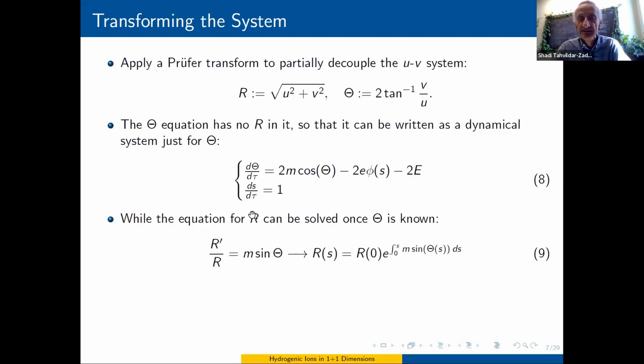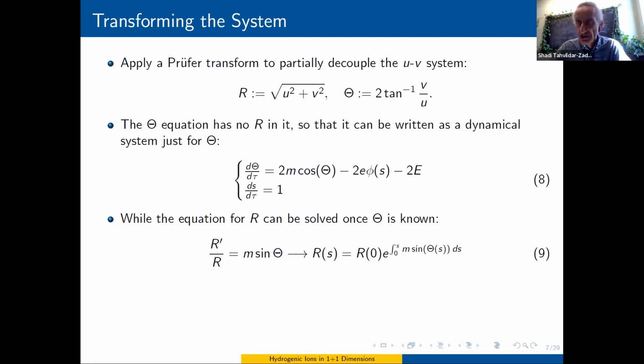And the point is, what about R, where R also solves its own equation? Theta, of course, shows up in the R equation, but imagine you can solve this and find what theta is. Then you can plug it in here and integrate this and find what R is. So this is what I have done here. So if you know theta, you can find R.